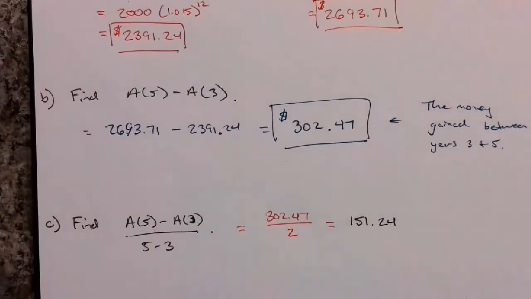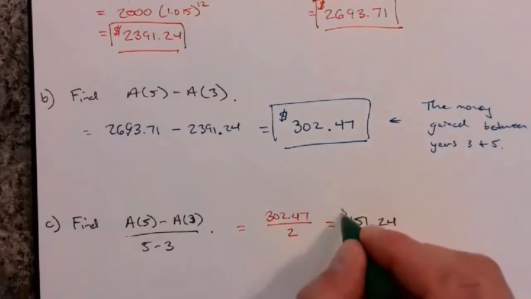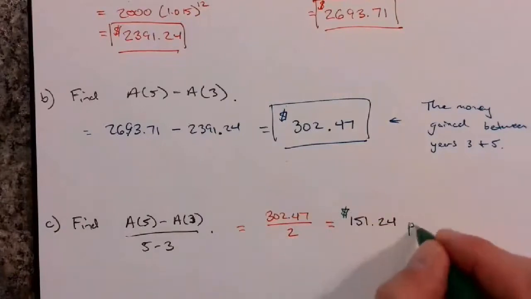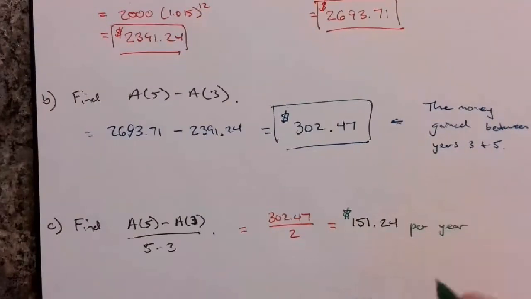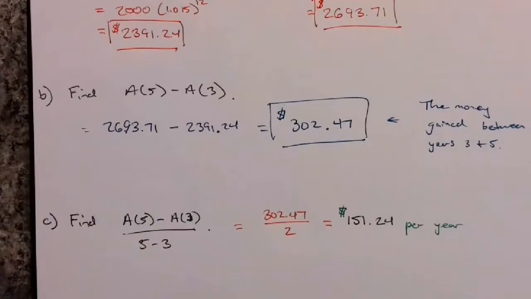And then think about what the units are on this, and really identifying what this is telling you. A of 5 minus A of 3, that was in dollars, right? We know that from up here. The 5 minus 3 actually represents the t values in this case, which were years. So this is dollars per year.